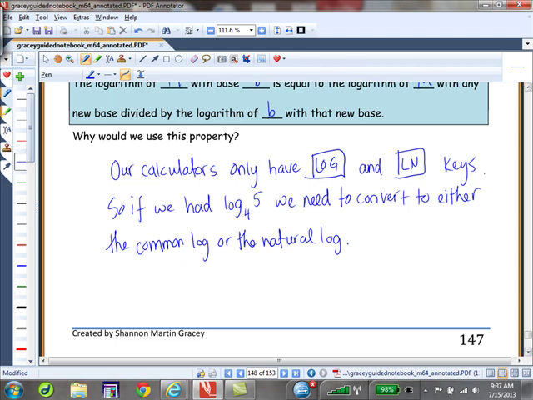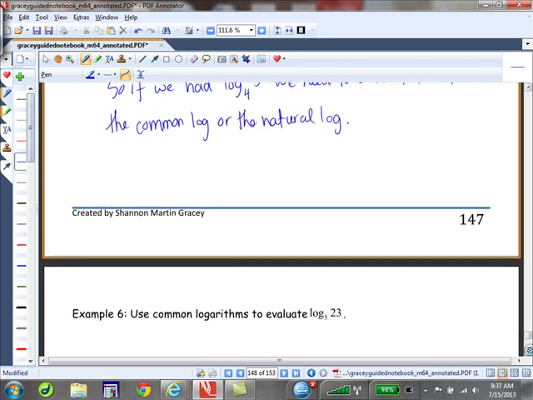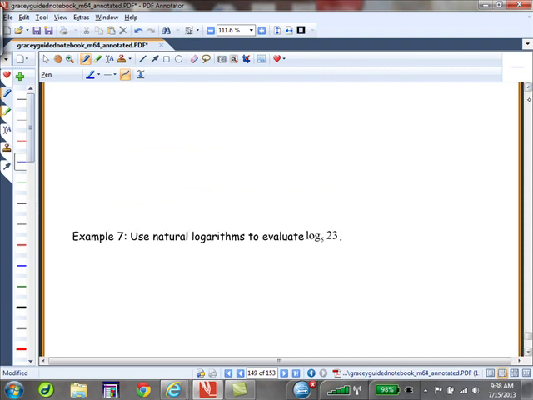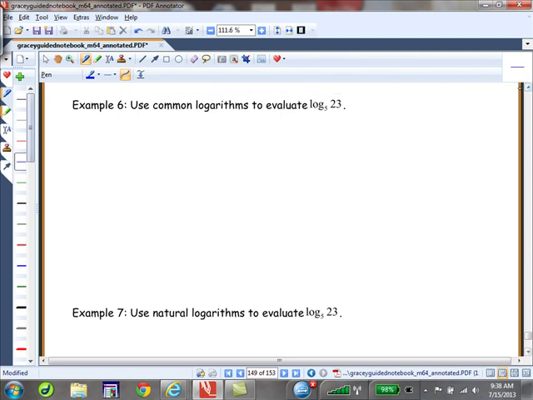All right, so here we are. First step, use common logarithms to evaluate log base 5 of 23.